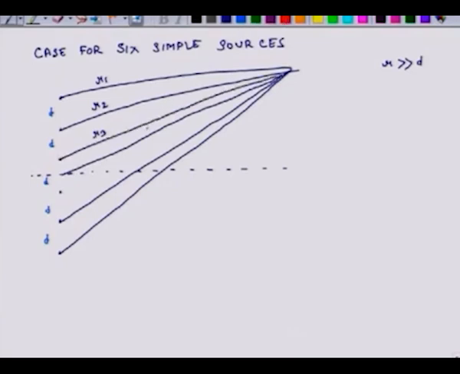So, midpoint is r, and then I have fourth source. So, this is r, that is r4, r5, r6, and these are 6 sources: S1, S2, S3, S4, S5, S6.